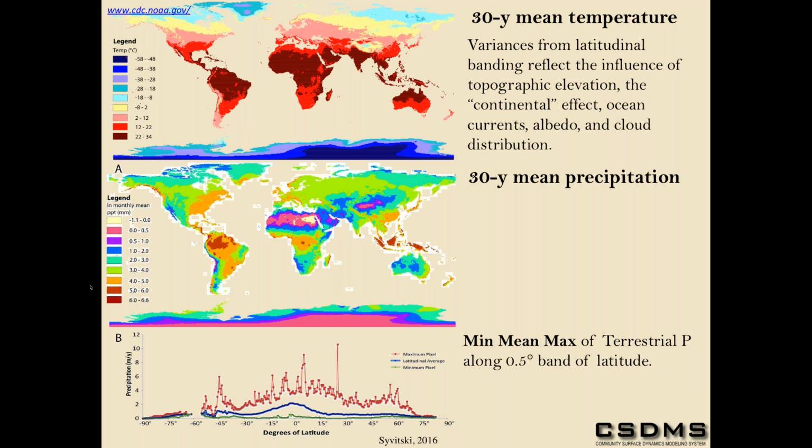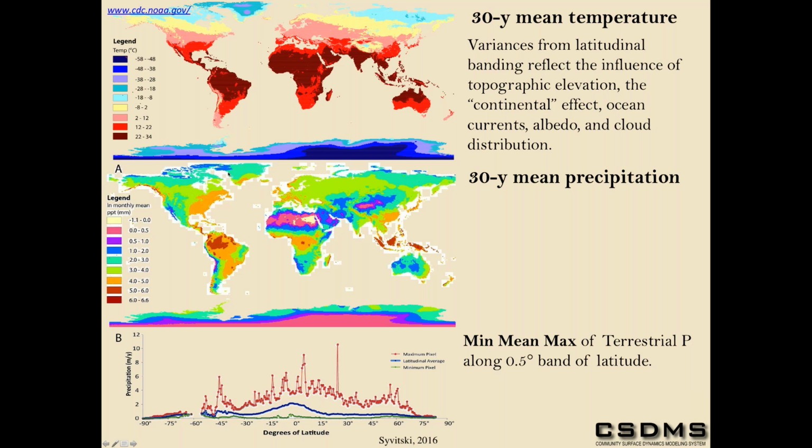There's some impact, of course, by the continental effect and ocean currents and albedo and cloud distributions. But in general, if you look at the upper diagram here, you will notice that it more or less follows the banding that you would see for latitudes.